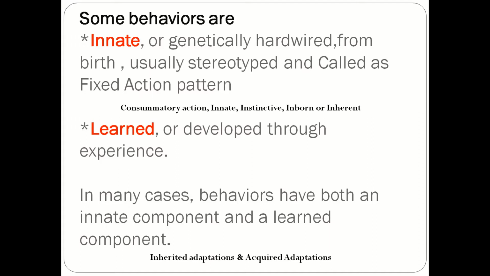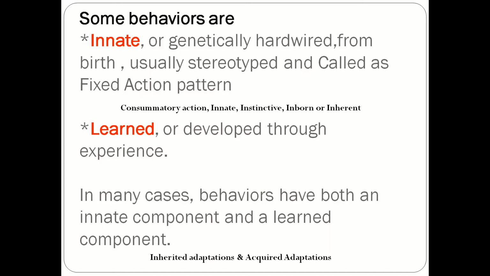Important thing is, in FAP, the fixed action pattern, the individual does not learn anything from another individual. The behavior is inbuilt. The organism has never seen that behavior earlier, but when the stimulus is given, the organism shows that specific behavior.